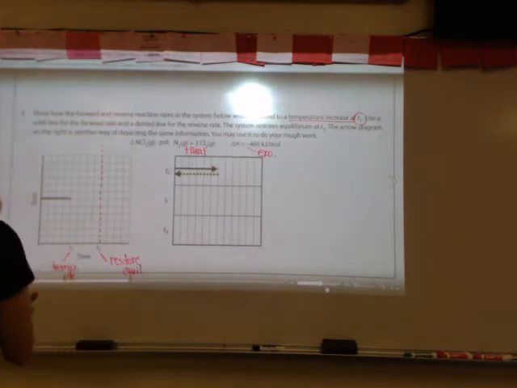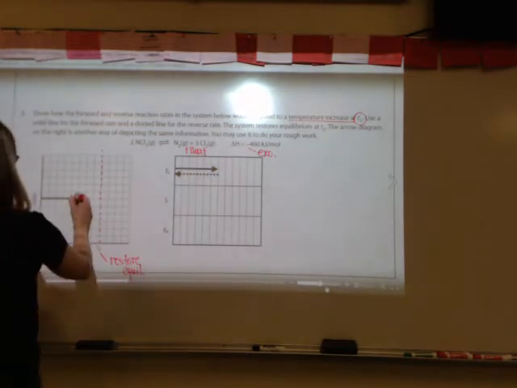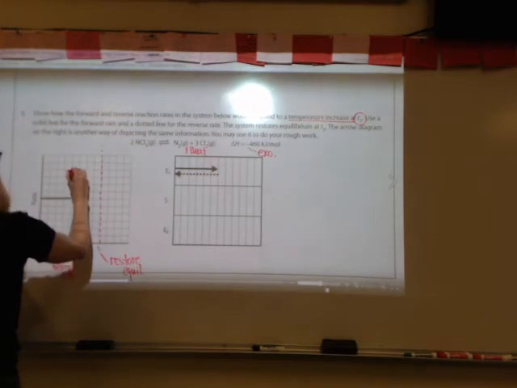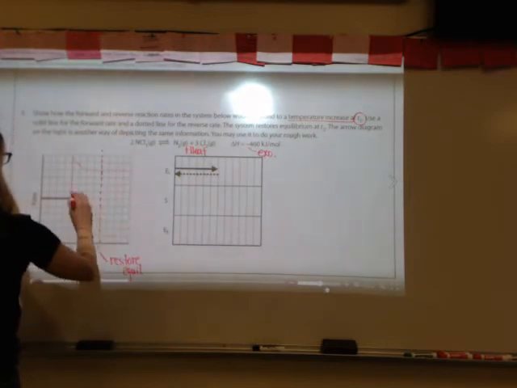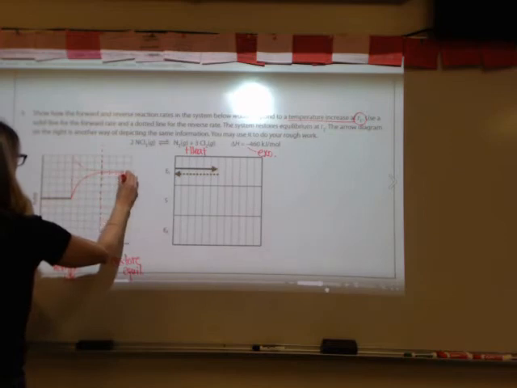My solid line is my forward rate, and my dashed line is my reverse rate. So my reverse rate is going to be increasing, and then it will level off at T2. And then my forward has to come up to meet it.